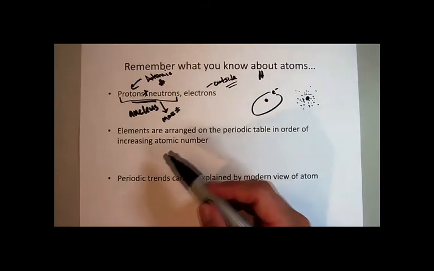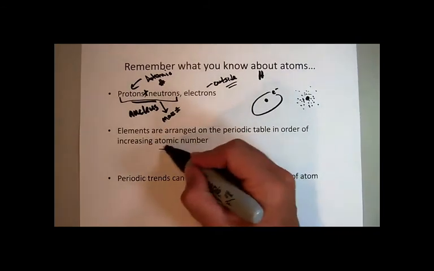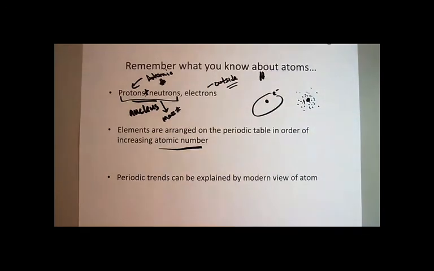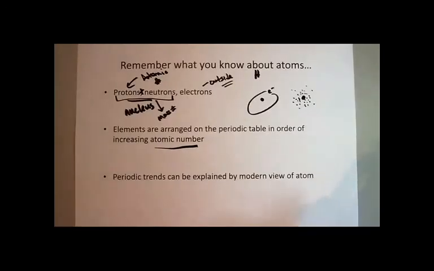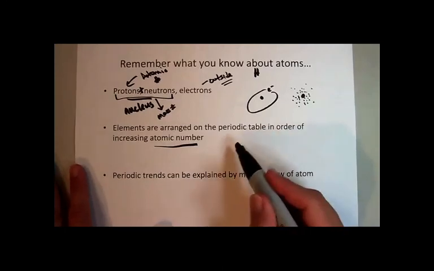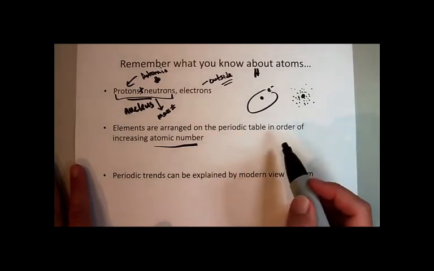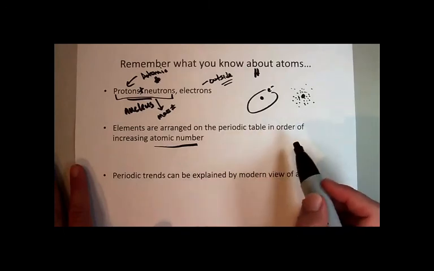So we can figure out how many electrons are in an atom based on the atomic number, which is found on the periodic table. Okay, and so as you move across the periodic table and the atomic number increases by 1, the number of electrons also increases by 1.